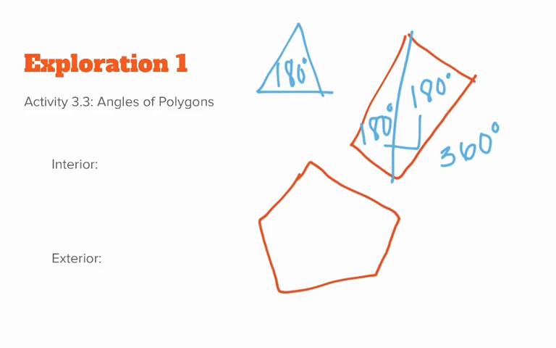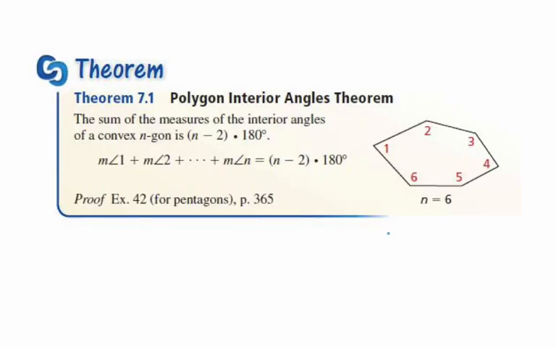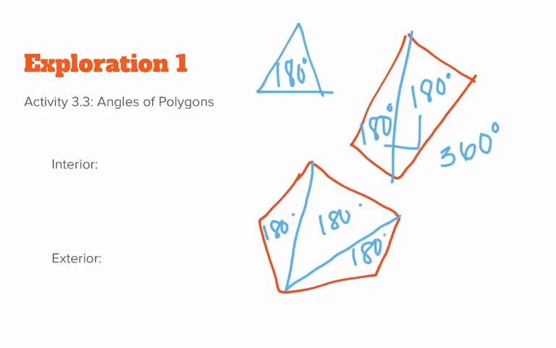We can keep going with number of sides. We can keep adding them because I can always draw in triangles. So in this pentagon, I now have 3 triangles: 180 degrees, 180 degrees, and 180 degrees. So if I add all 3 of those together, we get 540 degrees.